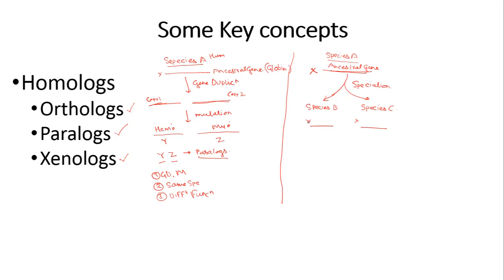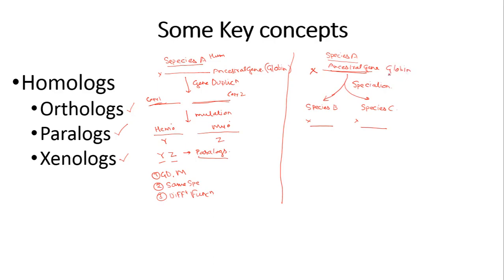So the protein X in species B is an ortholog of protein X in species C. What example can we give? Say, again we would stick to our ancestral globin gene.